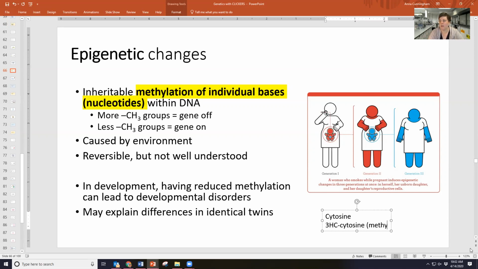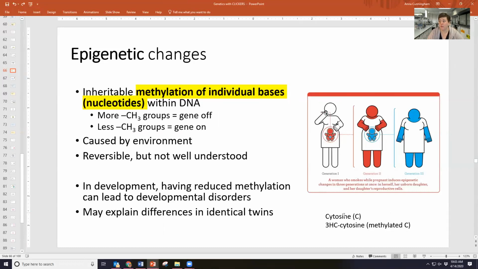So methylated cytosine. There's a big difference between those two.